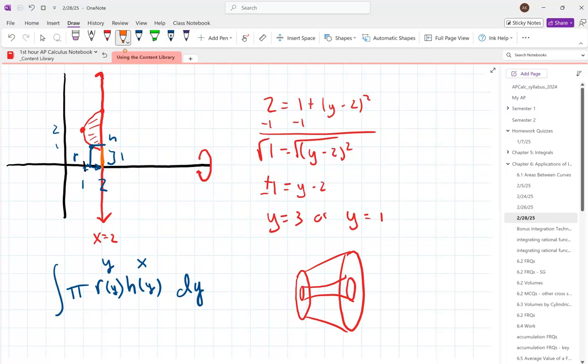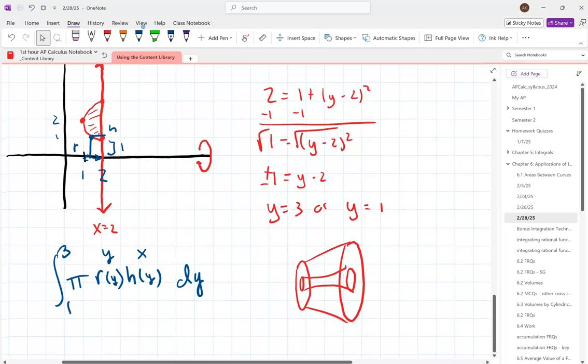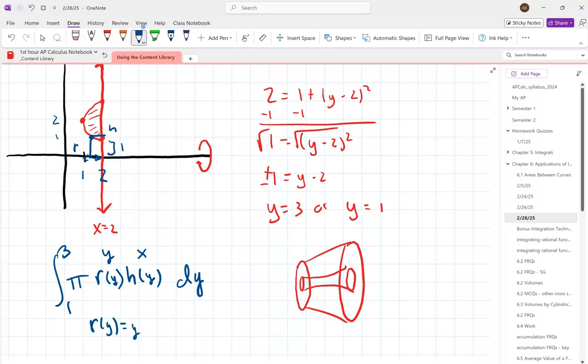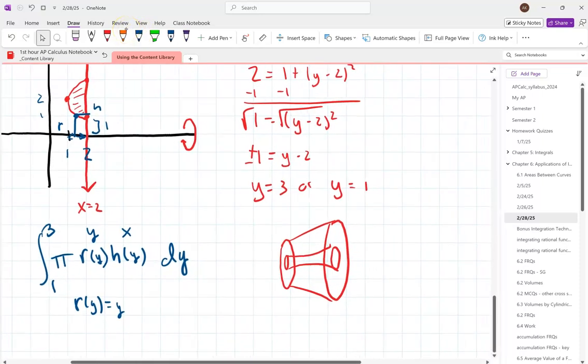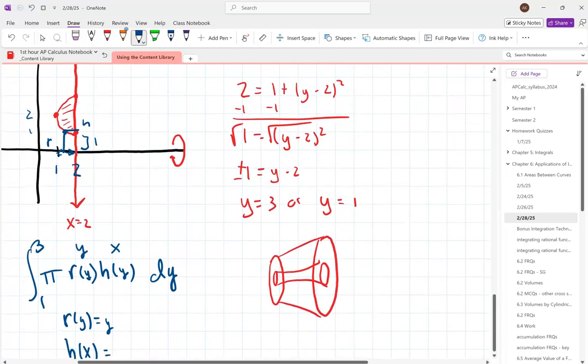Do you see that, Paulo? So the radius is just a y coordinate because we're just counting up or down, which is fine. That's a good way, as just y. So the h of y isn't just x, right?